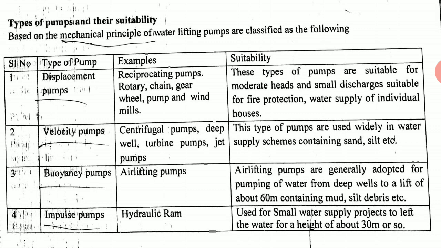Initial cost: the cost of the pump and its installation should be minimum. Power: power requirements for operation should be less. And the last point is maintenance. Maintenance cost should be minimum. Availability of spares and cost of spares are to be ascertained.